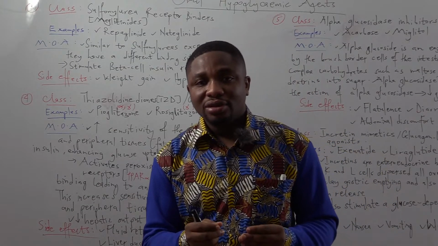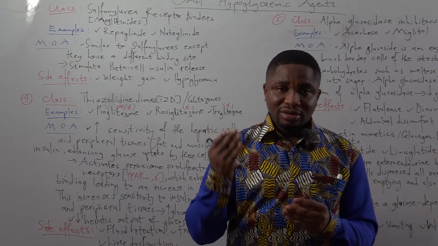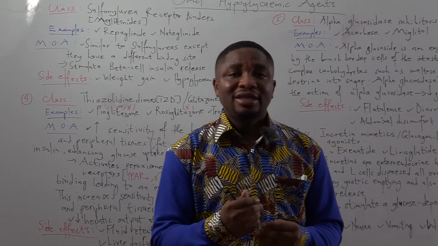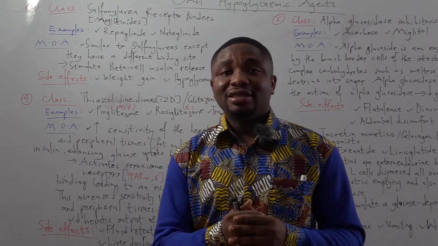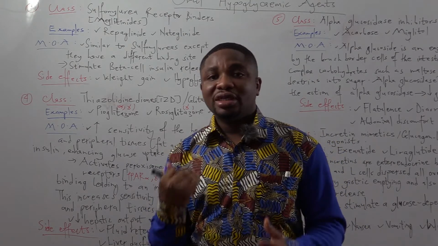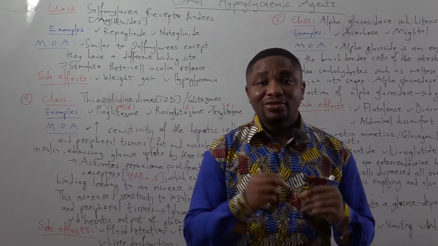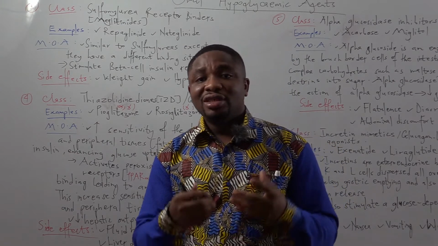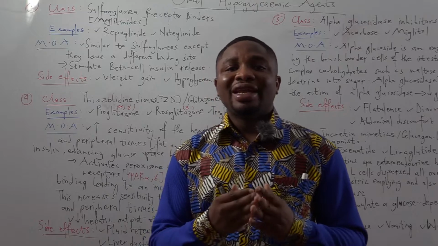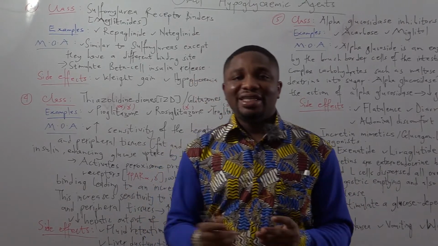When we were talking about metformin, we said the main effect of metformin is decreasing hepatic glucose output. But for the glitazones, the main effect is to increase the sensitivity of these cells to insulin, enhancing glucose uptake by these cells.